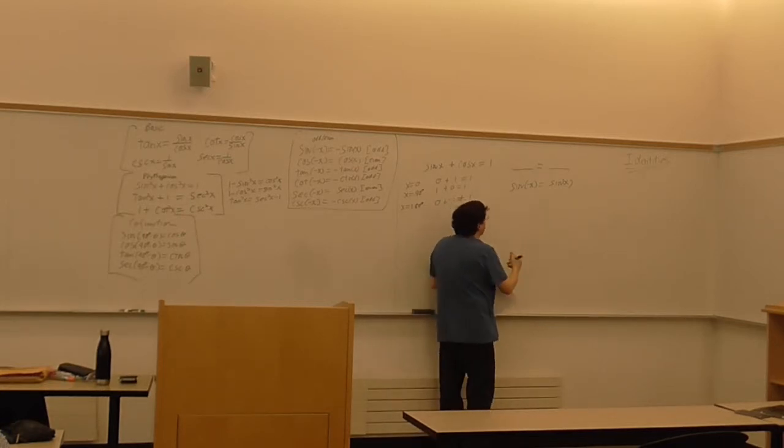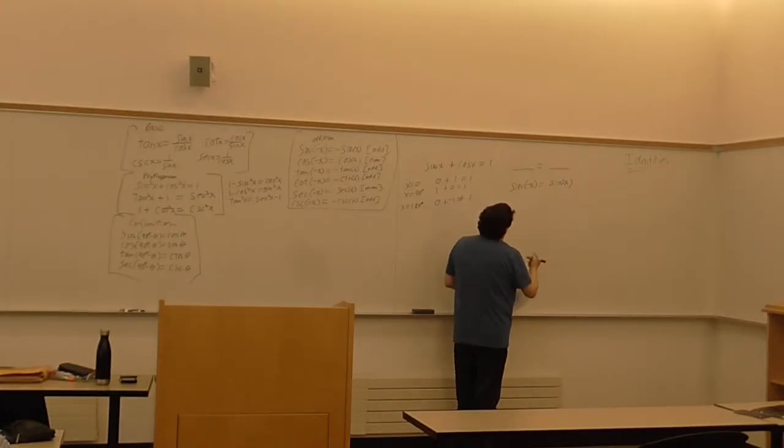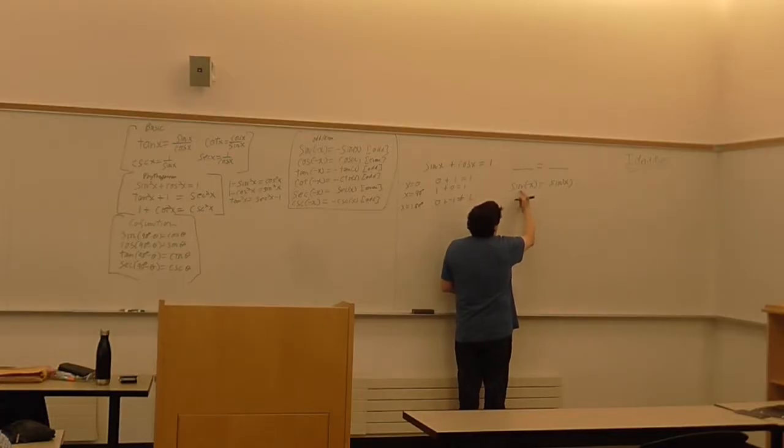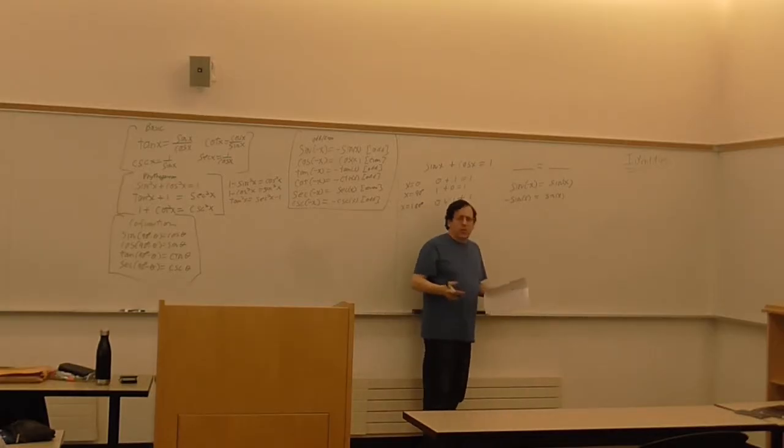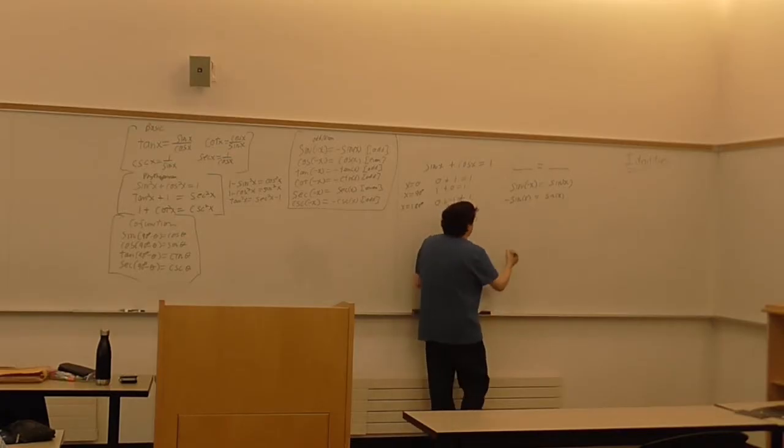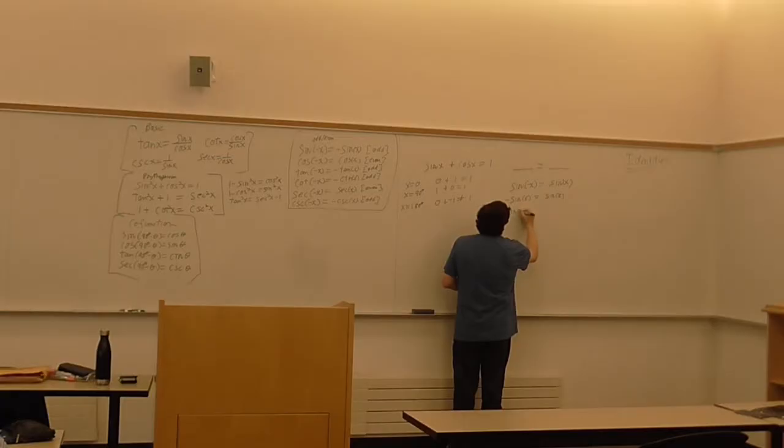But, all right, maybe I don't know this, so I say, all right, sine of minus x, I know that's minus sine of x. And I think, well, I'm trying to show these are the same, so I square both sides. So that would be minus sine of x squared equals sine squared of x.